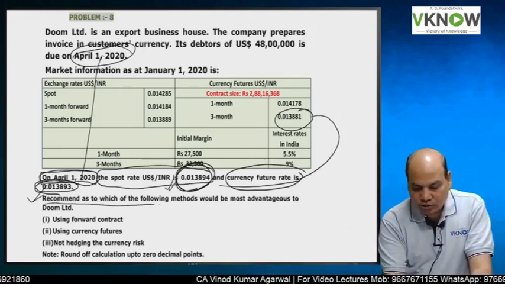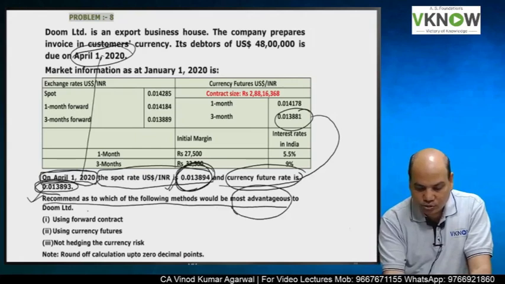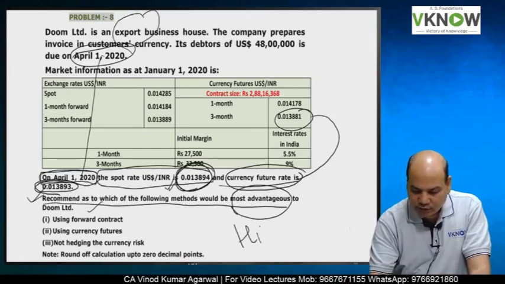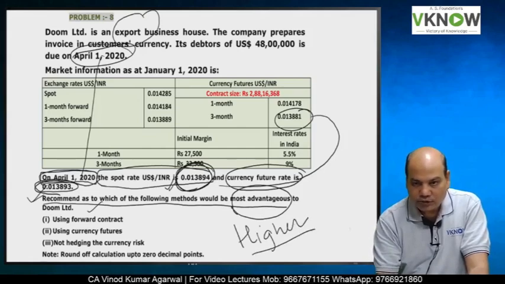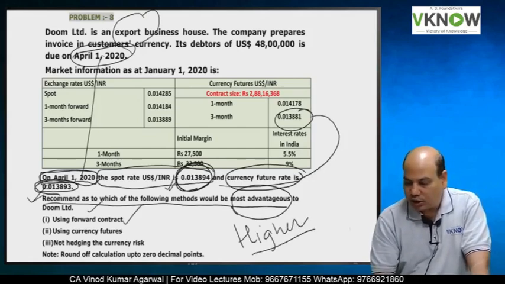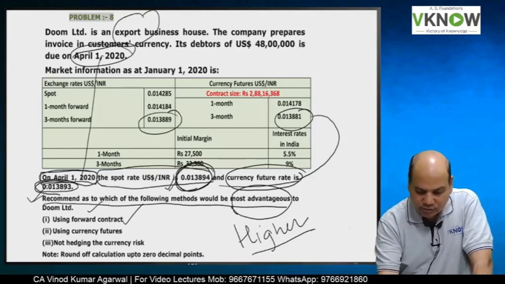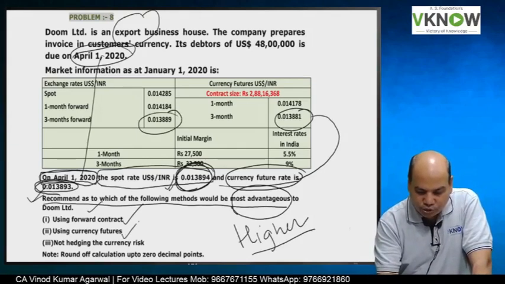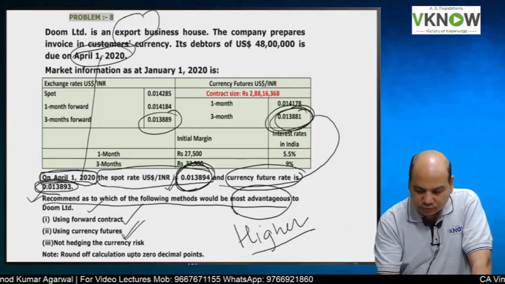Recommend which of the following methods would be most advantageous to Doom Limited. Now, if you are an exporter, the answer is the higher of the three. What are the three options in front of you? Either you take a forward contract and book the rate at this amount, matter closed. Or use future, taking a future at this rate.